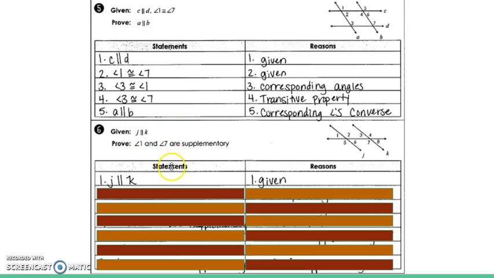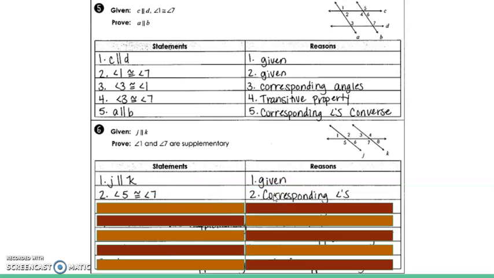If we start with getting angle 7 involved, we can see that angle 5 and angle 7 are corresponding angles since we have that J is parallel to K. So I'm going to say that 5 is congruent to 7 with my corresponding angles. If they are congruent, that means that angle 5 is equal to angle 7.